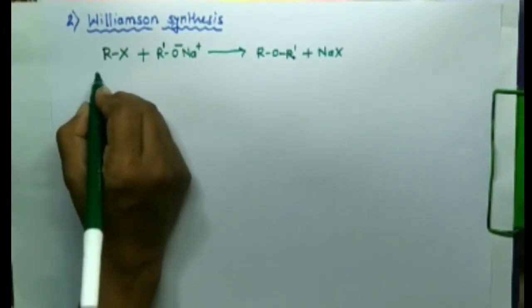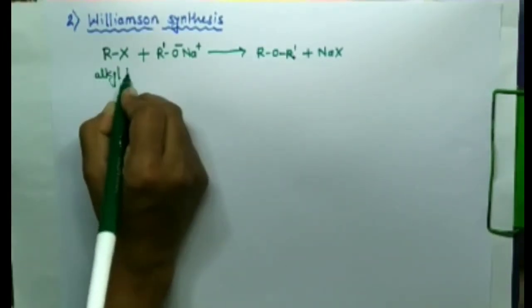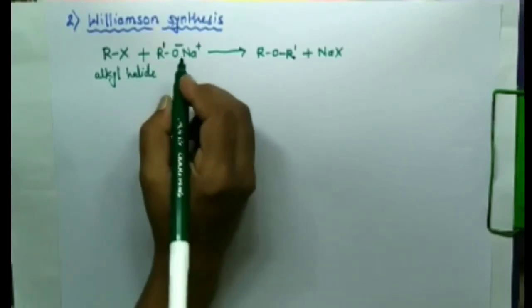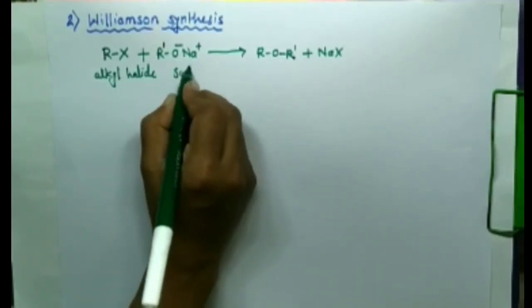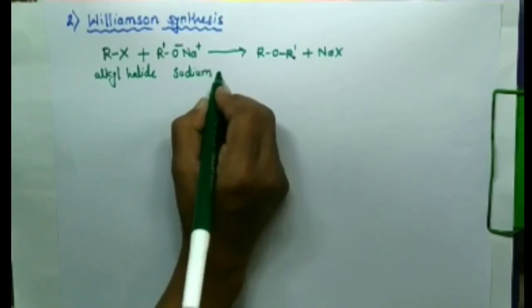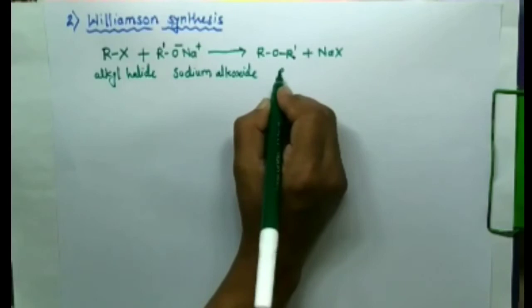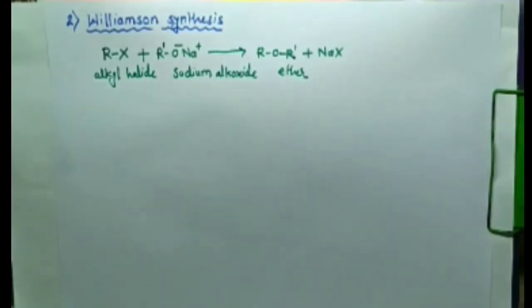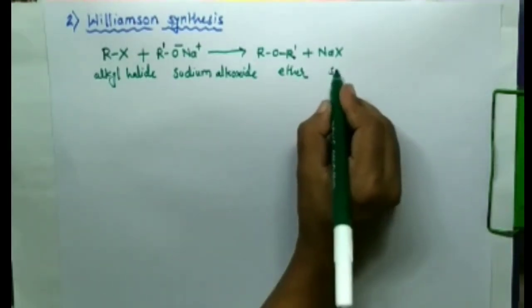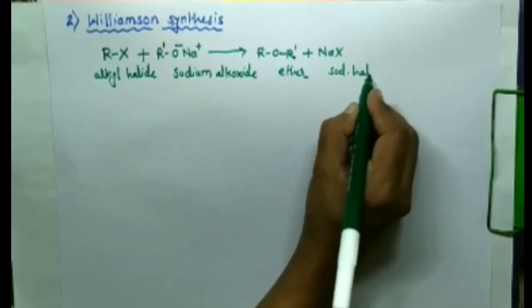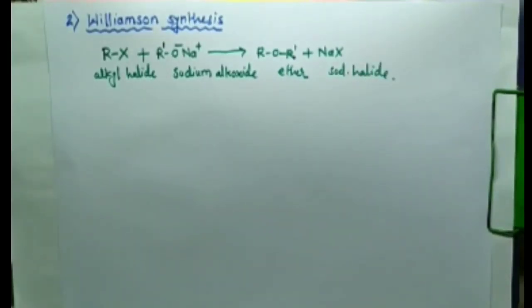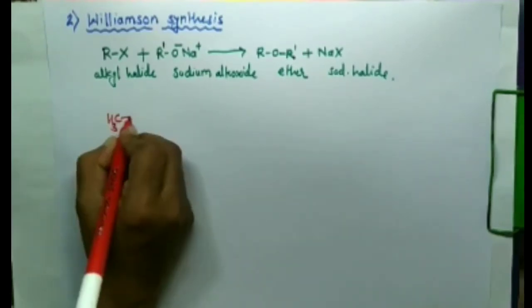So this is alkyl halide, sodium alkoxide, and we will get here ether and sodium halide. This is sodium halide. This is the general reaction of the Williamson synthesis of ether.